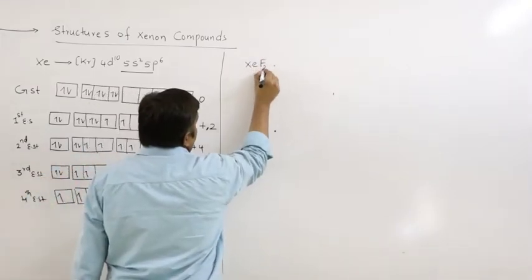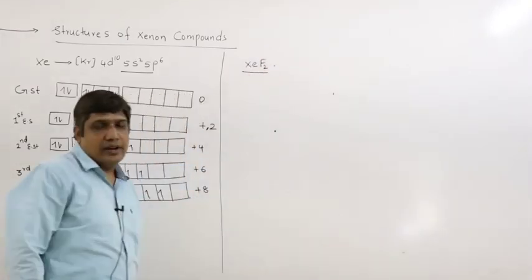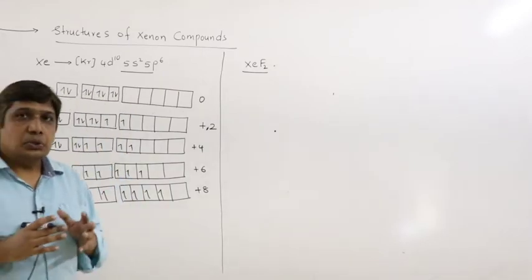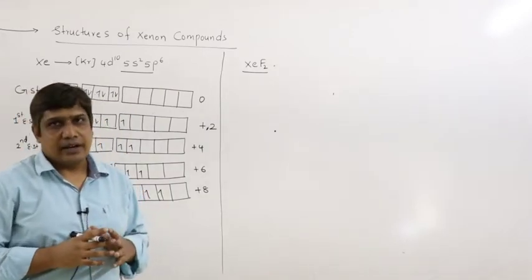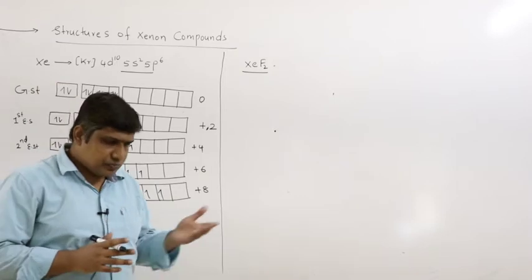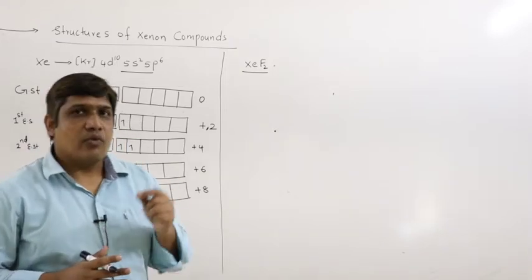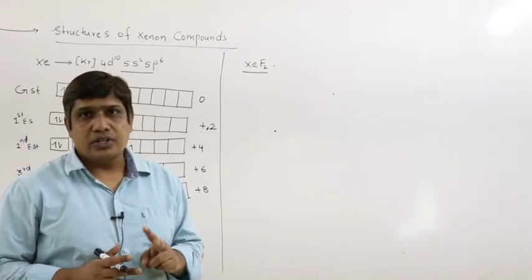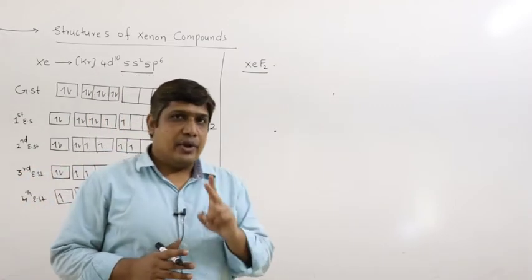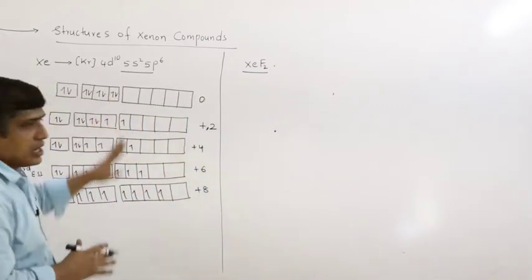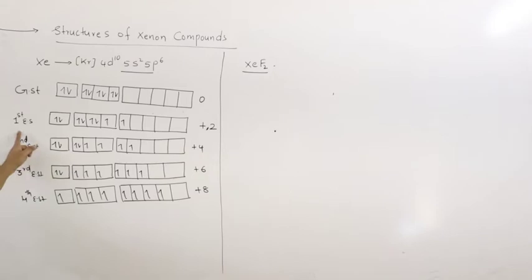XeF2, xenon difluoride. Here xenon forms 2 bonds with fluorine atoms, because fluorine forms only one bond as it requires 1 electron. So there are 2 fluorines requiring 2 unpaired electrons. In the ground state there are no unpaired electrons. In the first excited state we have 2 unpaired electrons.